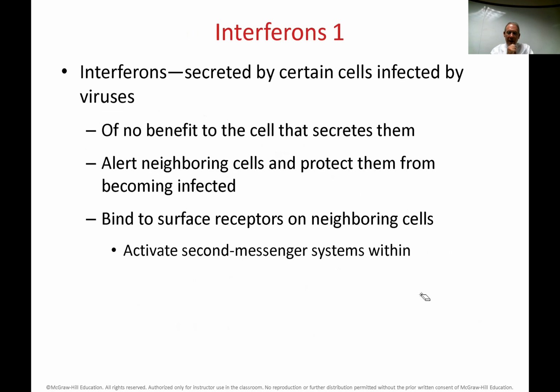What they do is they'll bind to receptors for them on neighboring cells. So the cell next door will have a receptor for interferon. The cell that's infected with the virus will produce interferon, send it out. The cells next door have receptors for them, come on in, and interferons help prevent the spread of infection from an already infected cell into one that is not yet infected.